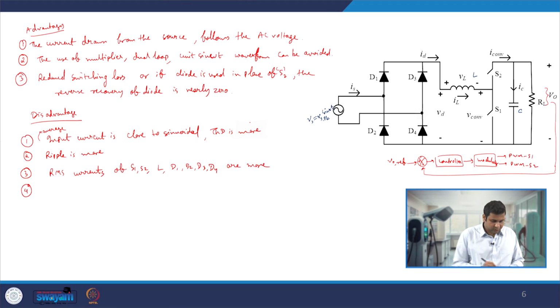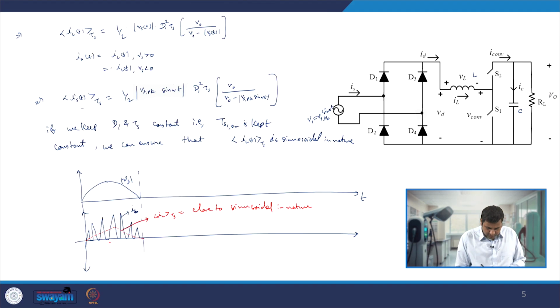And you will also see one more important thing when it is switching off. At this point my S1 is on, at this point my S2 is on.